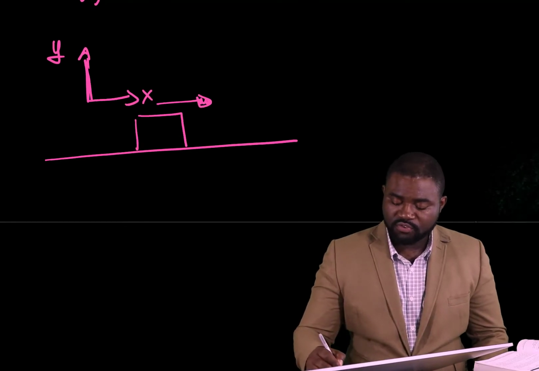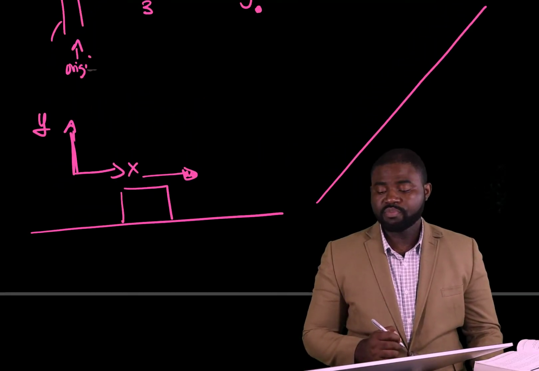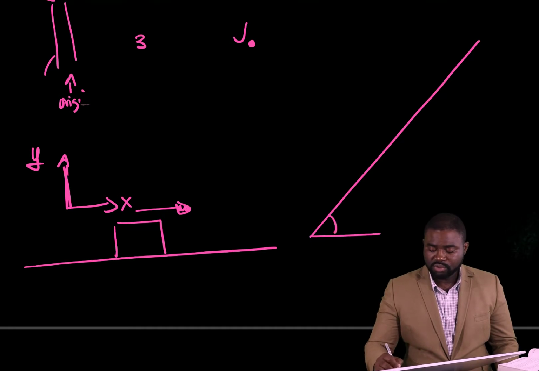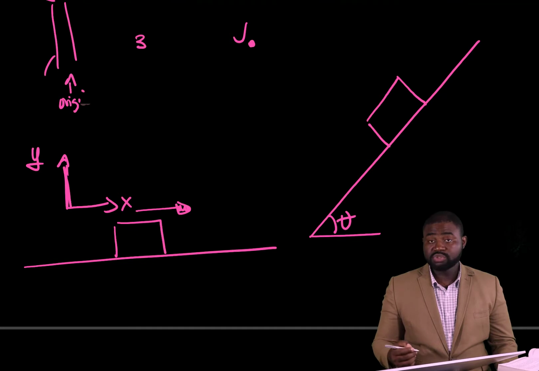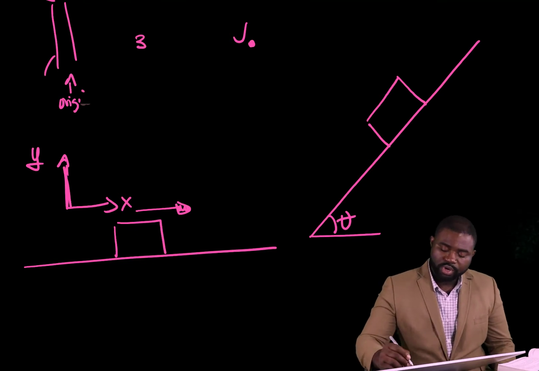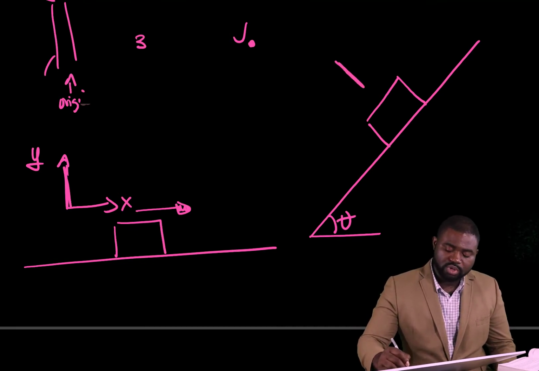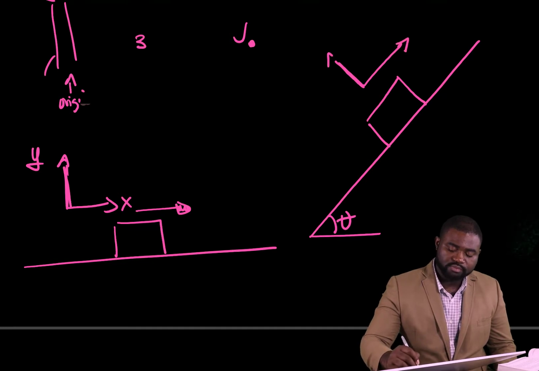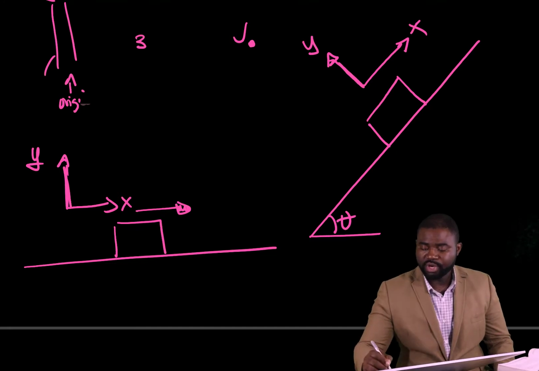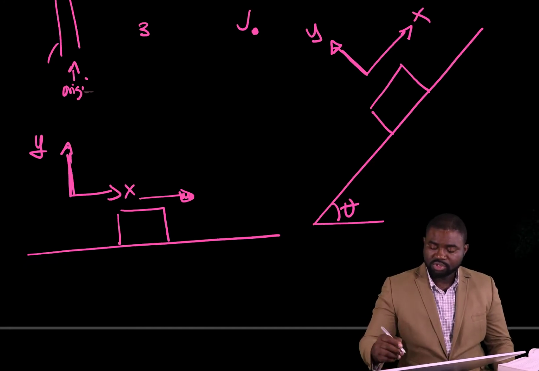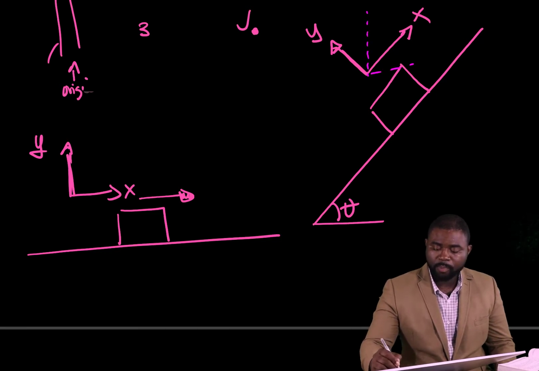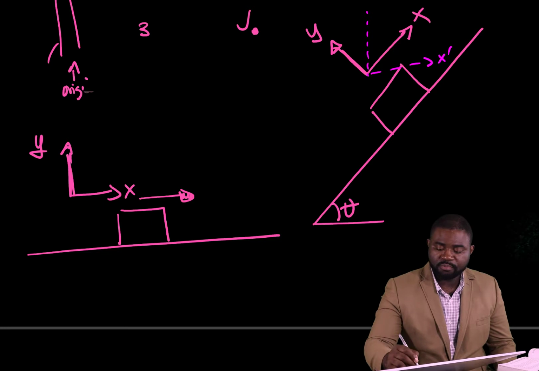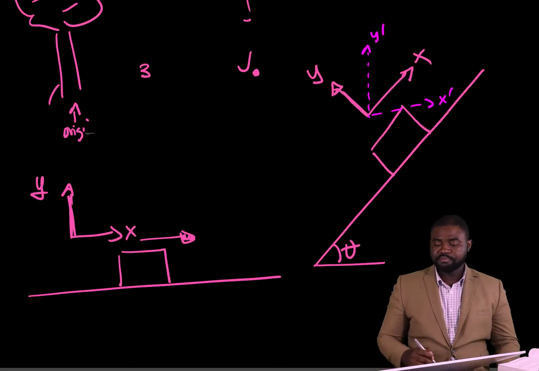But if the block is sliding up an inclined plane, there are 2 choices that we have here. We can draw the coordinate system to align with the moving object. This is the y-axis, this is the x-axis. Or we can draw the coordinate system to still be perpendicular. This is x prime, this is y prime.